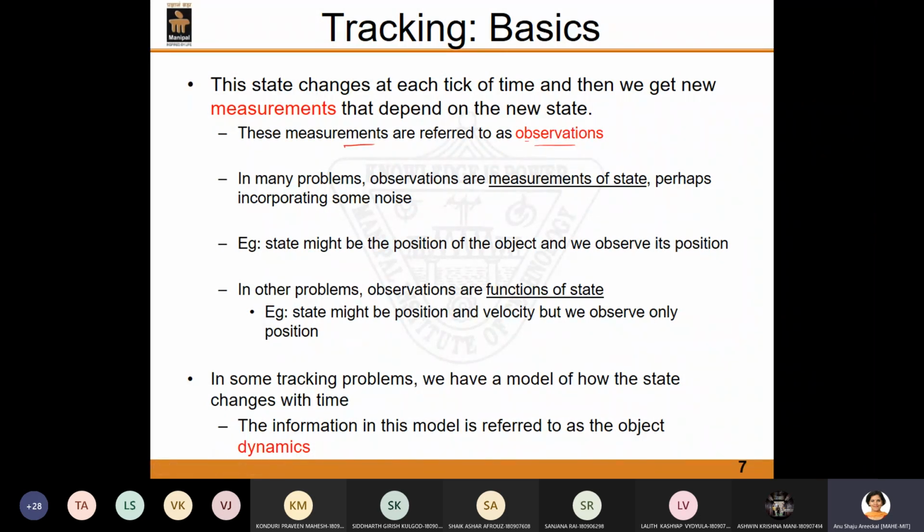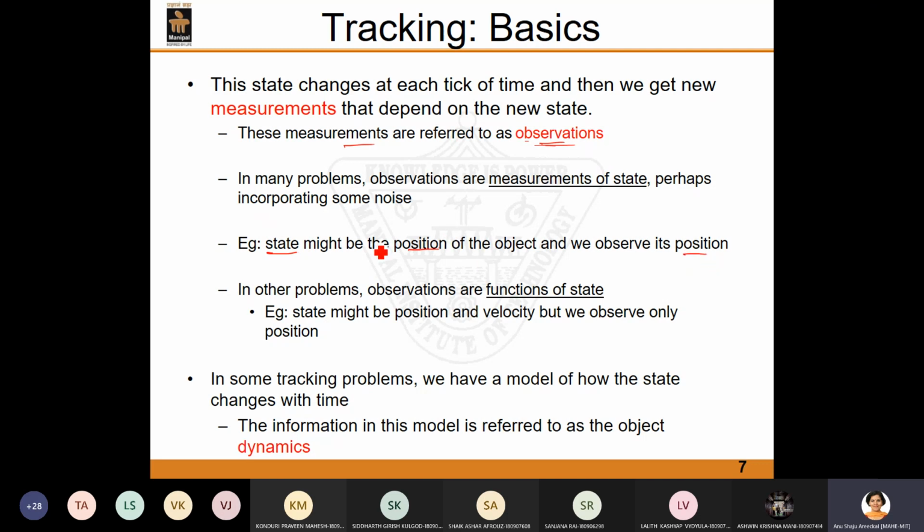So two terms which we have familiarized right now are the state of an object, and the second term, observation, where you try to find out the changing quantities in different frames. Now, as an example, the state of a particular object might be the position of the object. When I'm observing something, the observable which I'm using could be different or could be the same also.